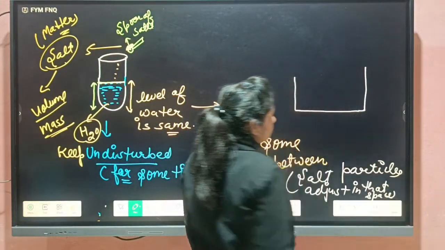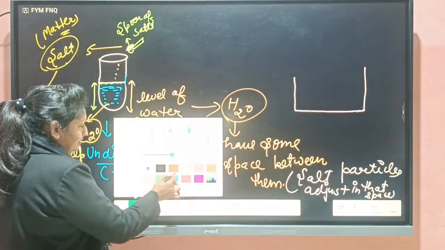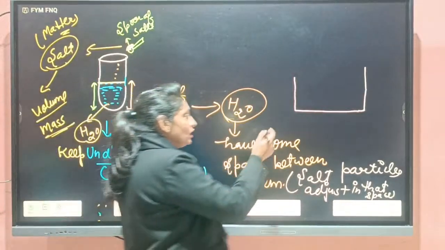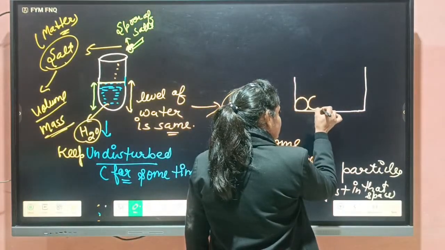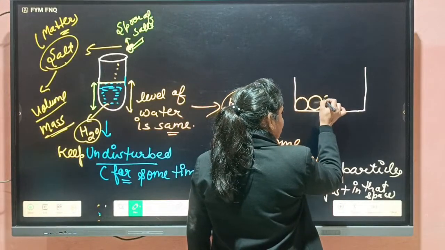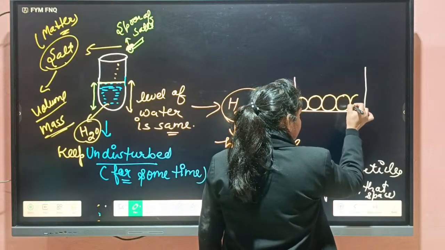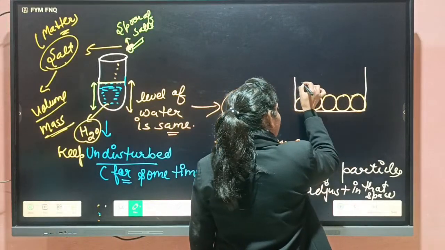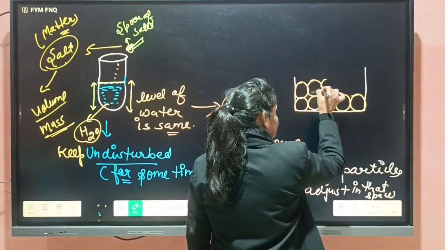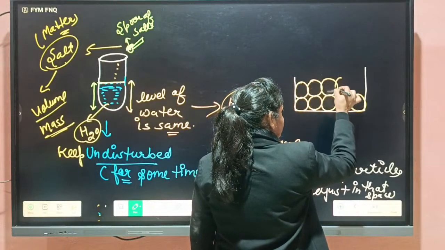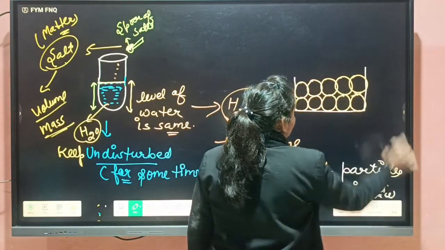For example, students, if we have a box and we arrange some marble balls in this in a proper way, okay.